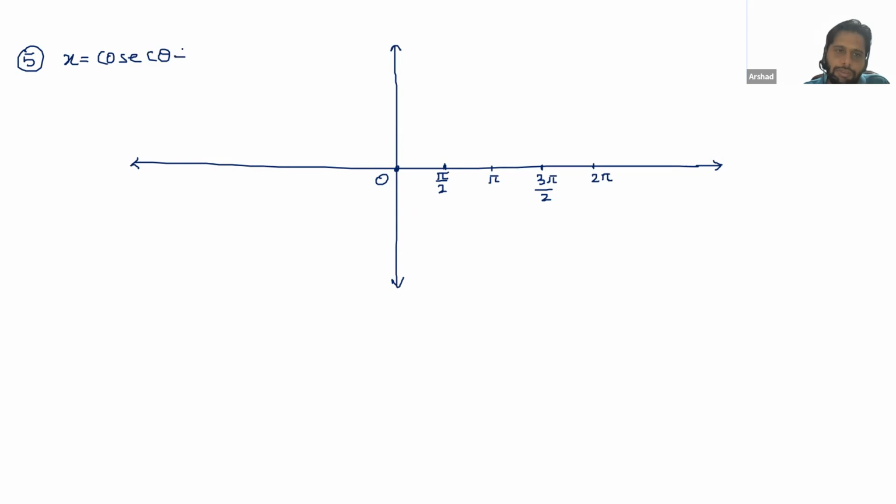Cosec is what? 1 by sine. So sine is 0 for which angle? Yes, 0. So cosec does not exist for 0. So for 0, pi, 2 pi, we will draw a dotted line. Minus pi by 2.